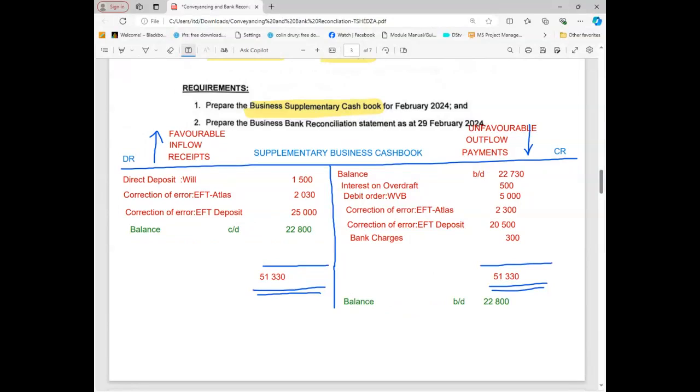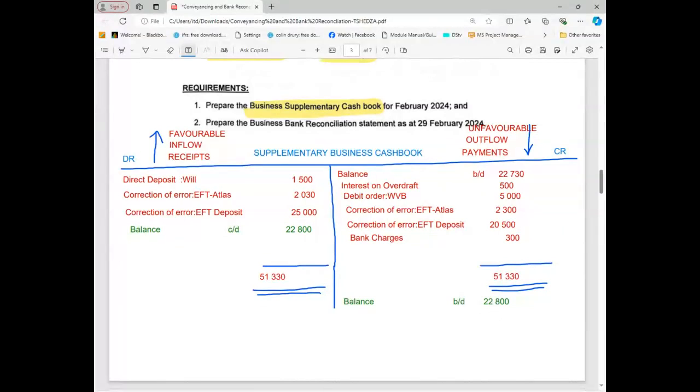So if the deposit was incorrectly recorded, we record the correction on the credit side, on the unfavorable, because it was recorded in the favorable incorrectly.